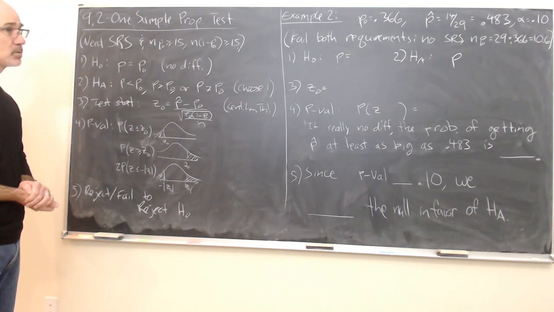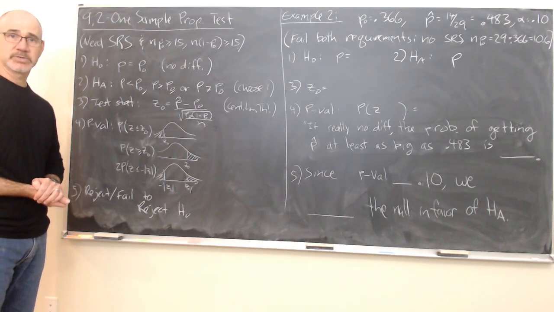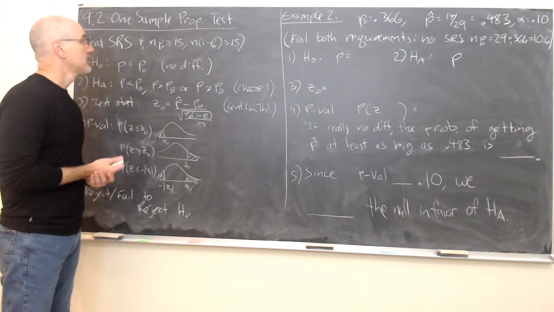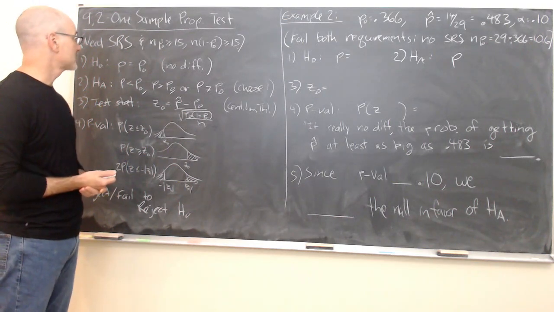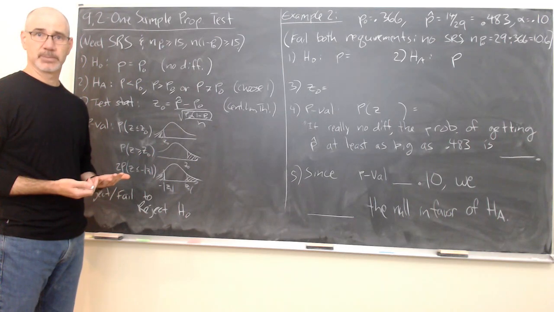All right, so we always want to check hypotheses when we're running a statistical test to make sure that the test actually applies to the situation that we're in. For the one sample proportion test, these are the same requirements as for the central limit theorem to apply.